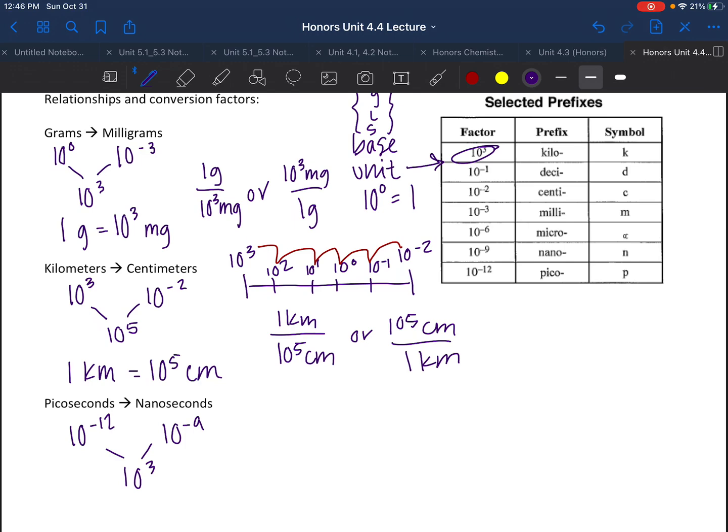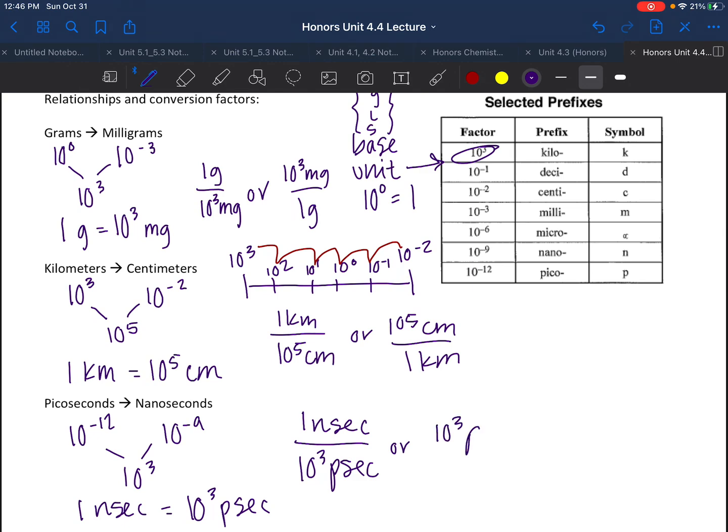The larger of the two is nano, so for every 1 nanosecond, we have 10 to the third picoseconds, giving us the two conversion factors of 1 nanosecond for every 10 to the third picoseconds, or 10 to the 3 picoseconds per nanosecond. Now, one thing I want to point out, you may know, or you can use your calculator, that 10 to the third is the same thing as 1,000.